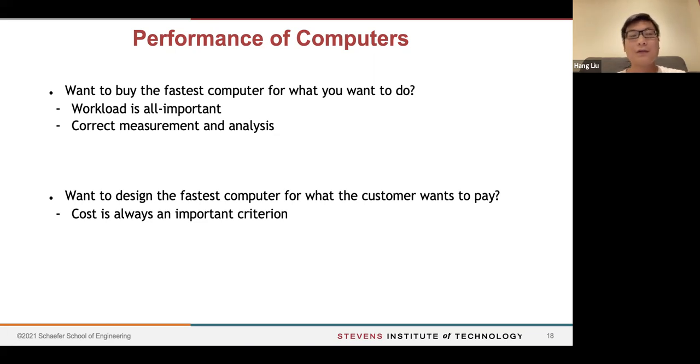If your friend is doing something for financial banking or other things, probably mathematics, CPU is better, or a Microsoft benchmark is good, right? Like Office. So basically, we're trying to say, okay, you want to understand what the workload is, and you want to have the correct measurement and analysis, which we're going to talk about later. And you also want to understand how much your customer or your friends want to pay, right? Cost is also a very important criterion.